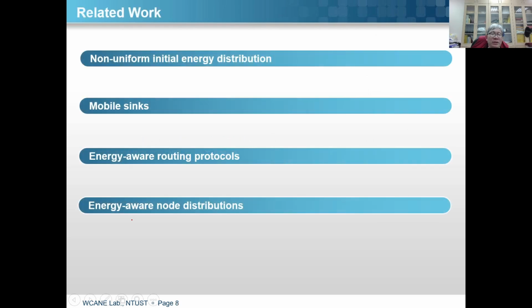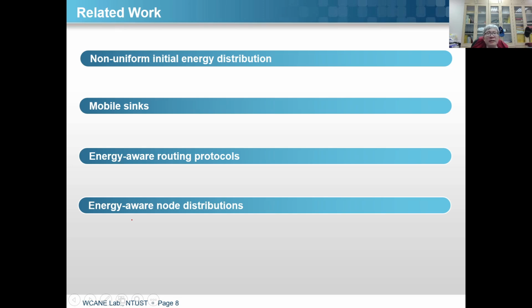Related work. We have a non-uniform initial energy distribution, which means we don't have the same energy levels everywhere.